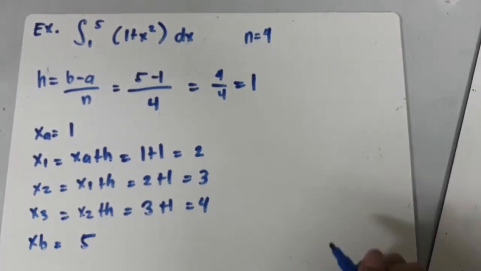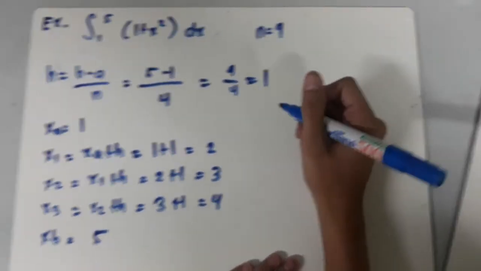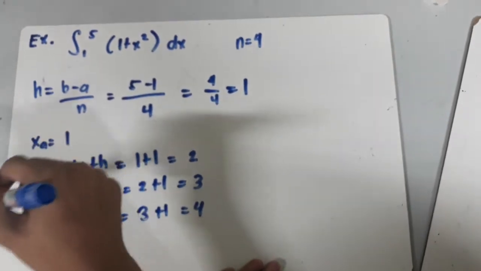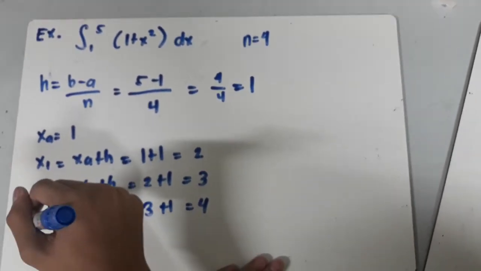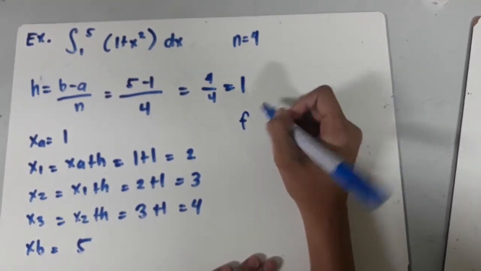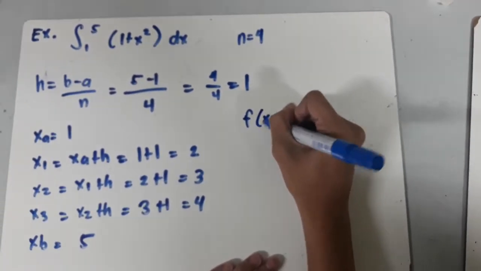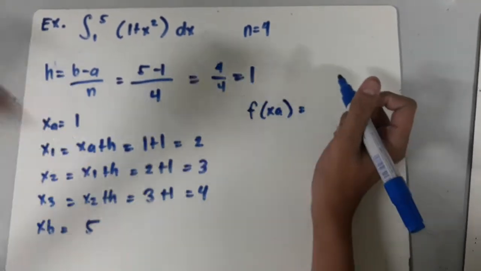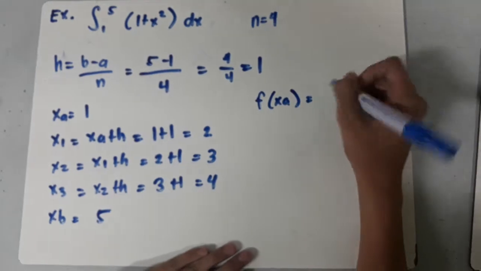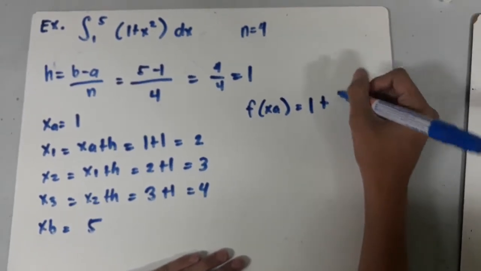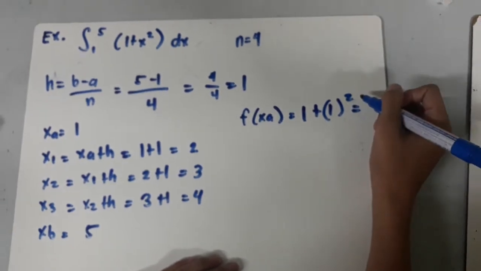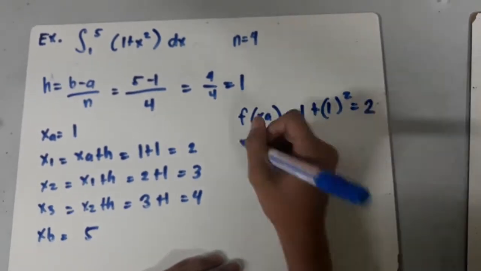Next is getting f of x sub a, f of x sub 1, f of x sub 2, f of x sub 3, and f of x sub b. For getting that, we just substitute the values we got for x into the given function. So for x sub a, 1 plus 1 squared is 1 plus 1, which is equal to 2.